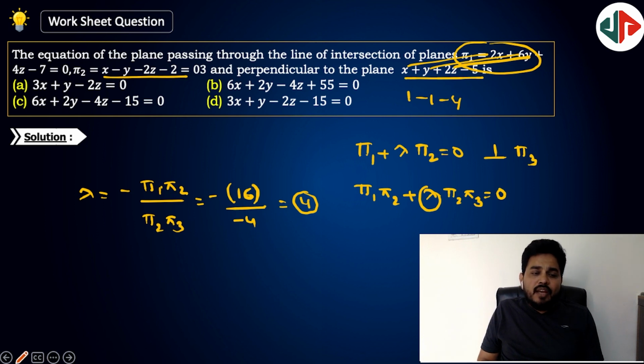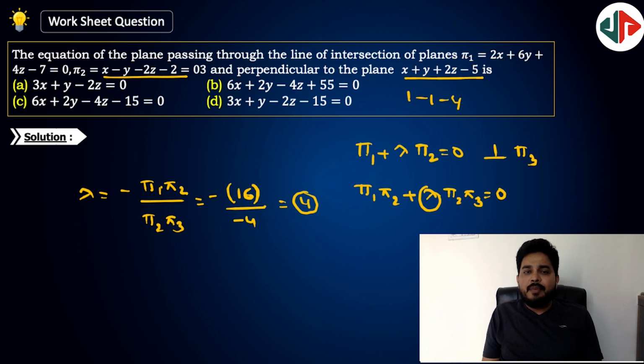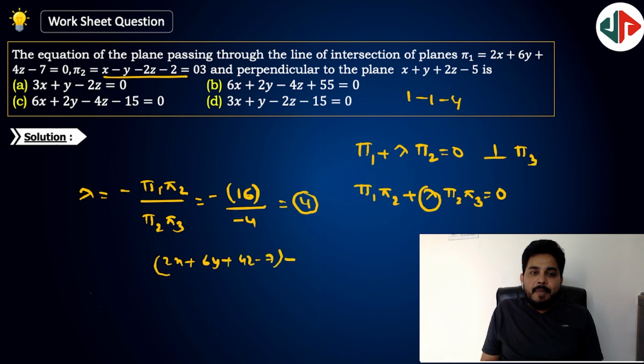Otherwise, one way you can go is normal verification, where for each of the planes, if you have two or three planes perpendicular, then the condition comes. So it is simple: 2x, 6y plus 4z plus 7 plus 4 times x minus y minus 2 plus 2.